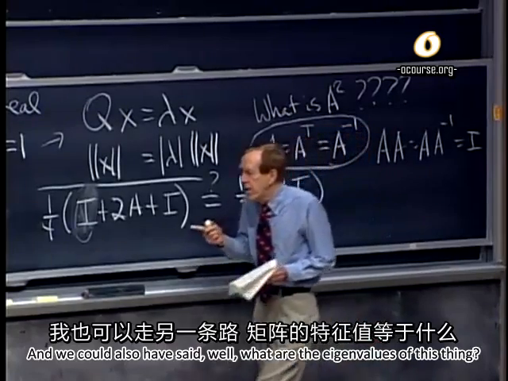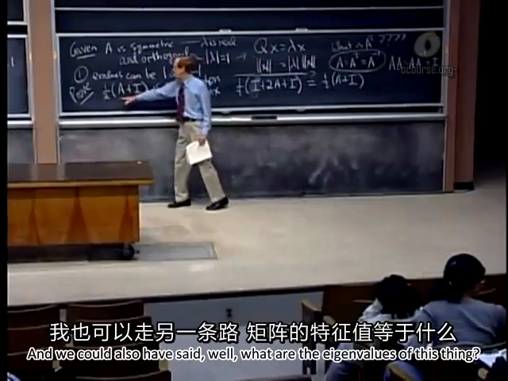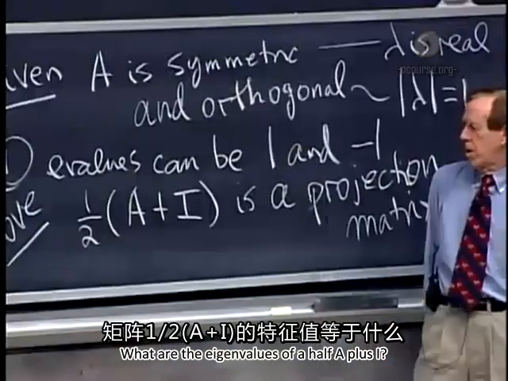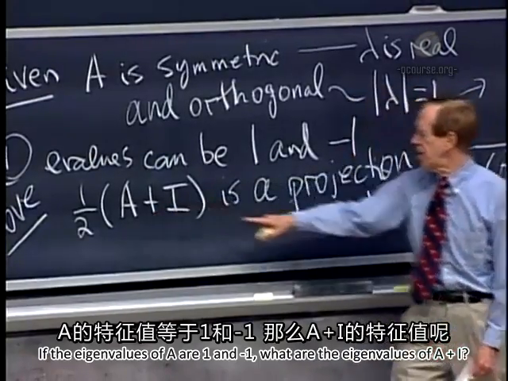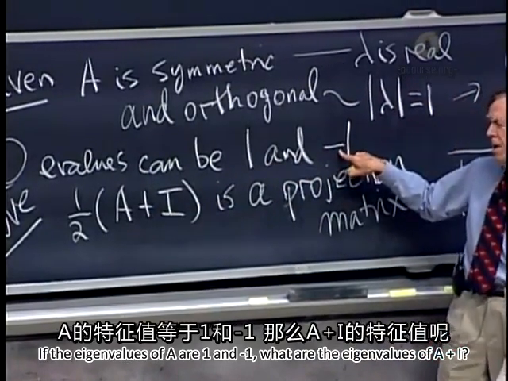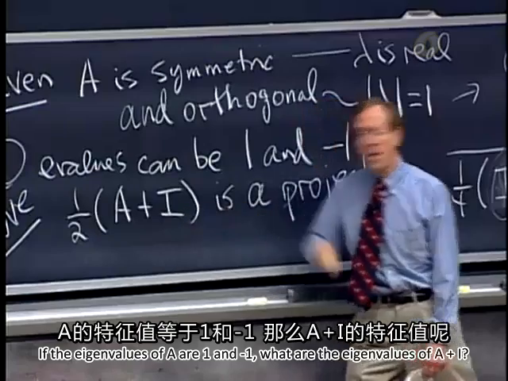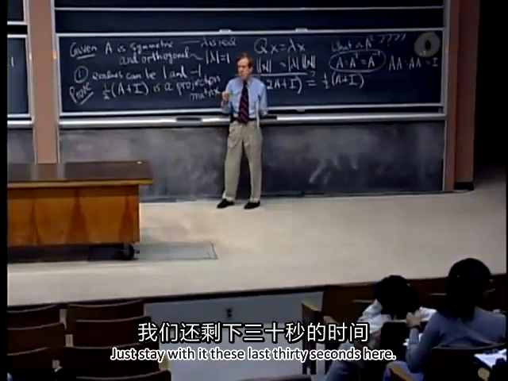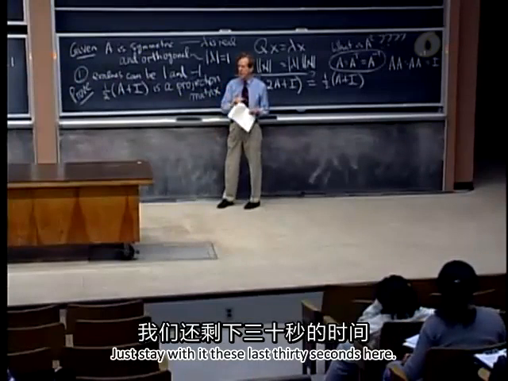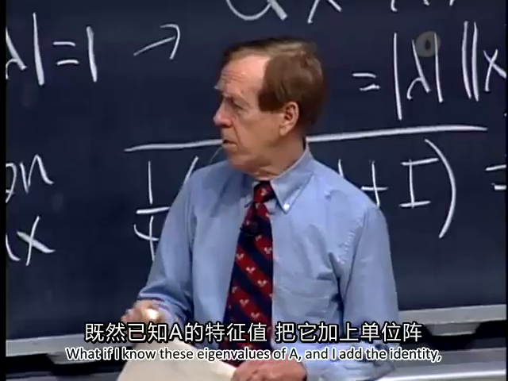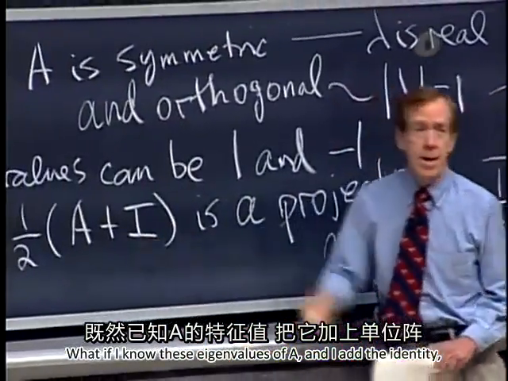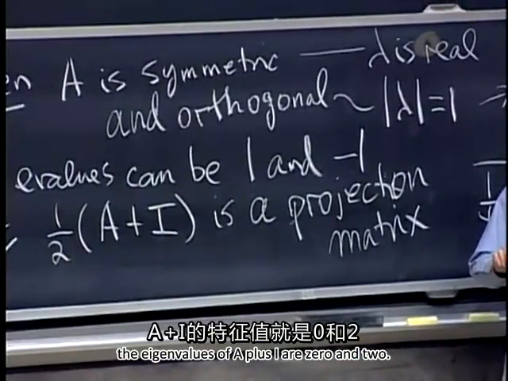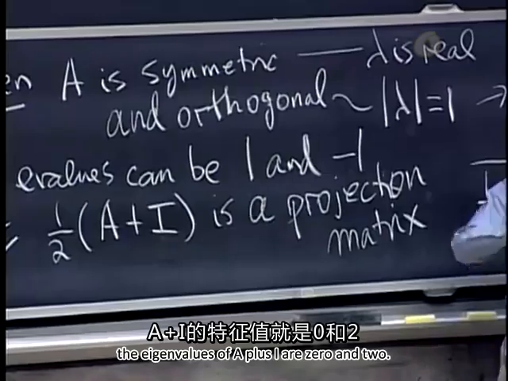And we could also have said, well, what are the eigenvalues of this thing? What are the eigenvalues of a half A plus I? If the eigenvalues of A are 1 and minus 1, what are the eigenvalues of A plus I? If I know the eigenvalues of A and I add the identity, the eigenvalues of A plus I are 0 and 2.